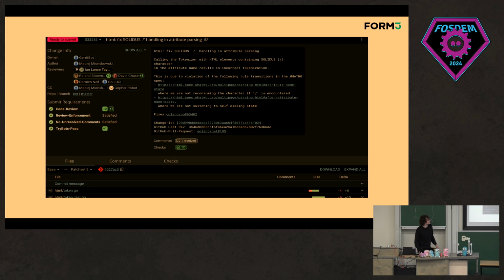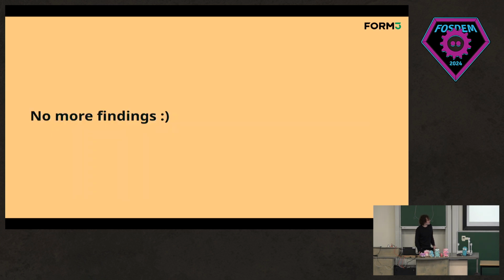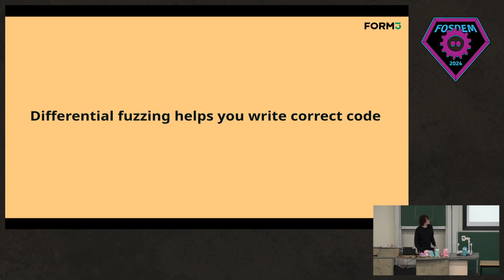It passed the code review, but as Jonathan mentioned, you need a lot of patience. It's been stuck in ready to submit for 3 months, I think. So it still hasn't reached master, but it's close, I think. But when you run the fuzz test again, there are no more findings. So the takeaway from this is that fuzzing is very effective, and differential fuzzing helps write correct code.